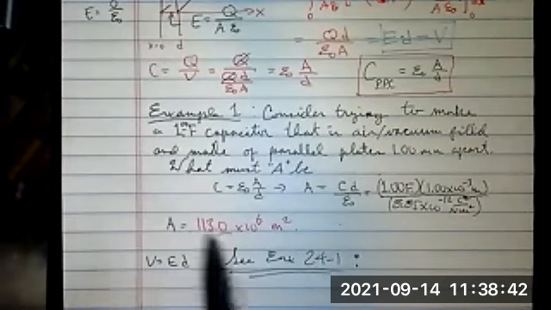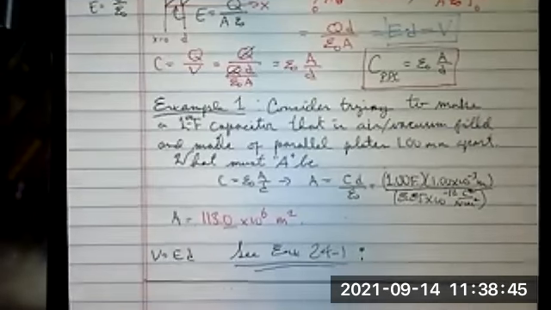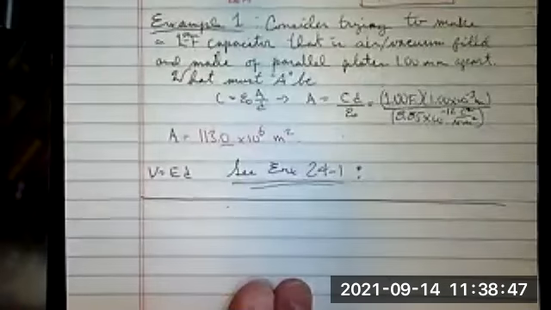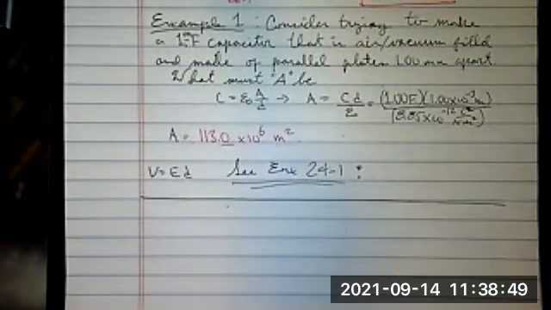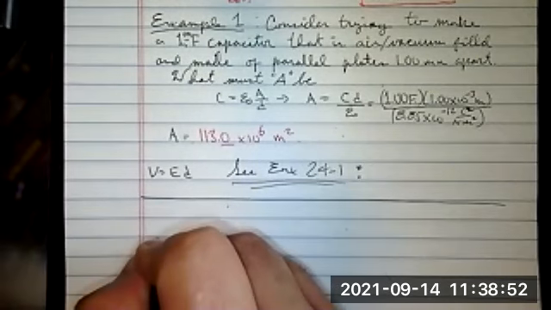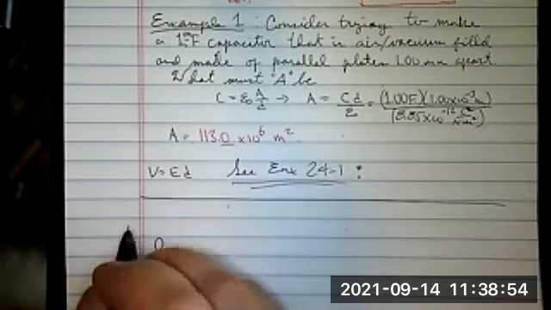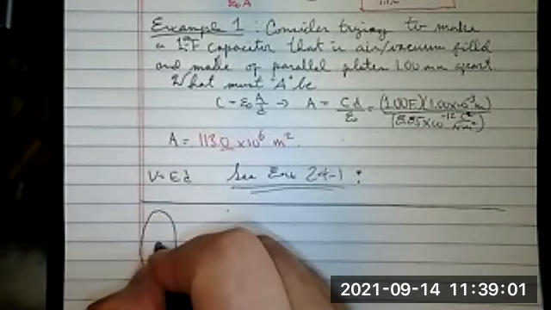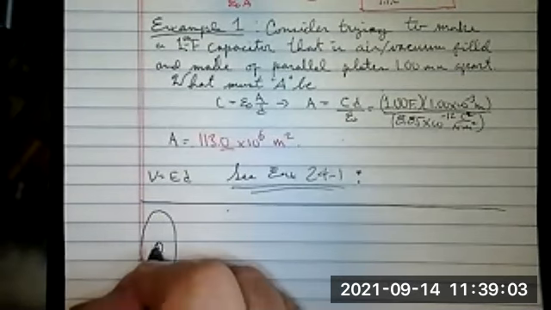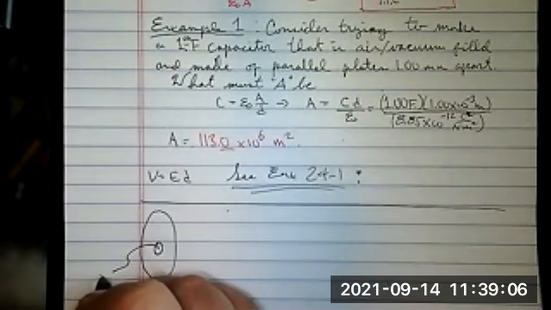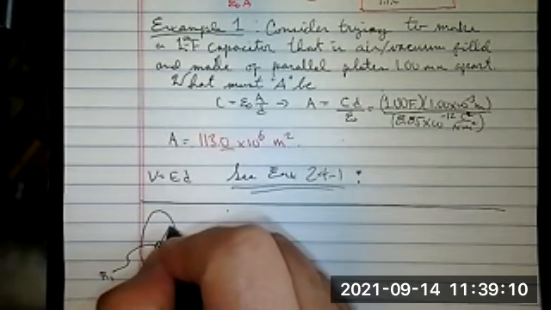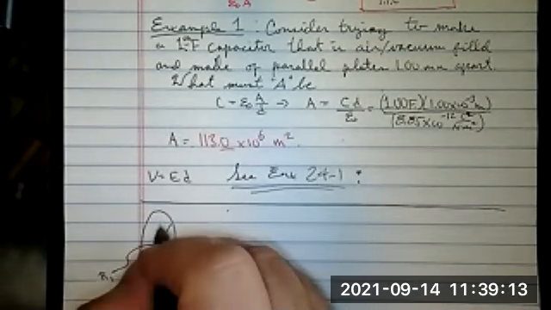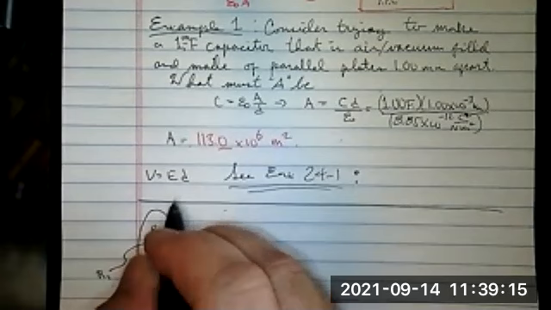But what I do know that students have a problem with is applying it to, say, a capacitor of a weird shape. So let's imagine this. Let's imagine a capacitor that has an inner cylindrical wire whose radius is, let's call it R1, and it has an outer cylindrical shell whose radius is R2, okay?